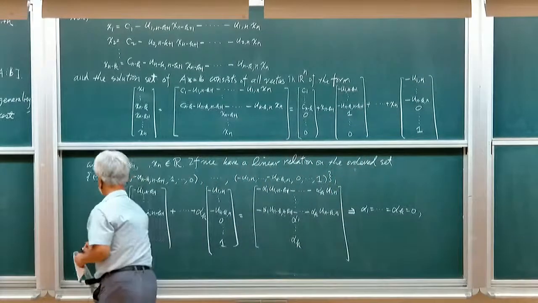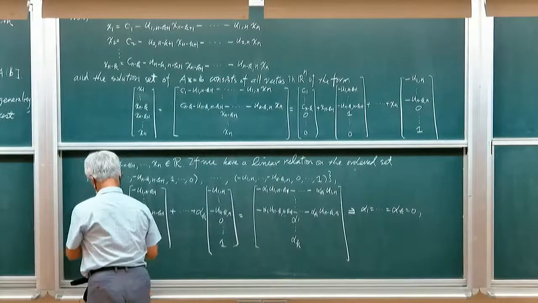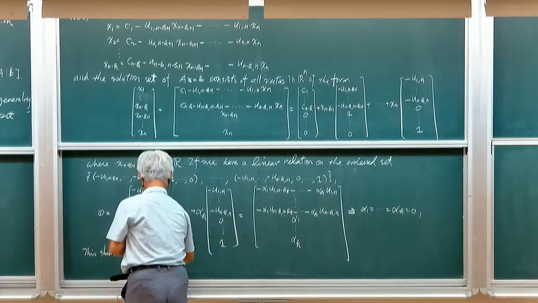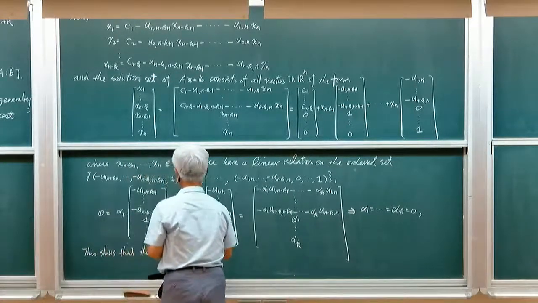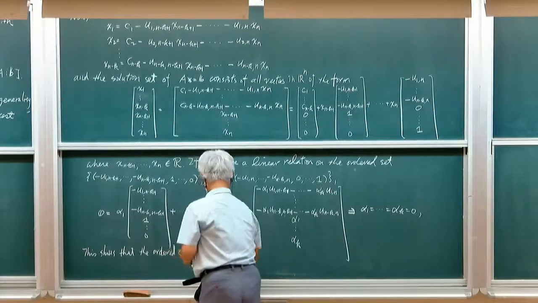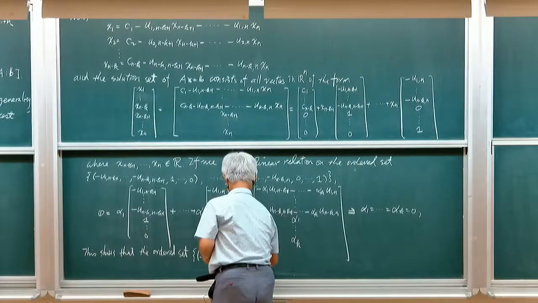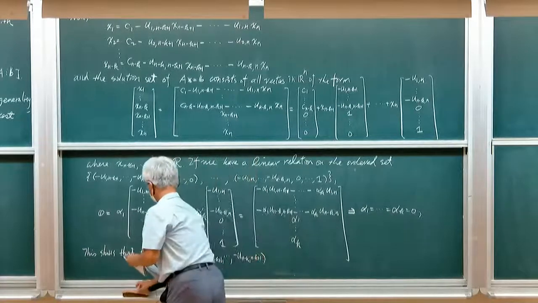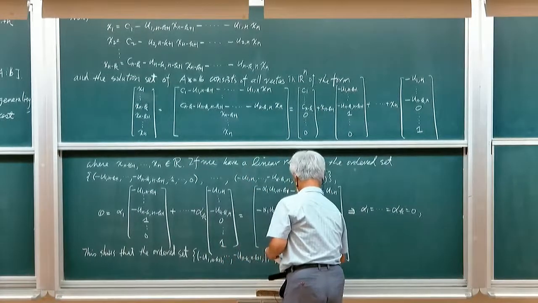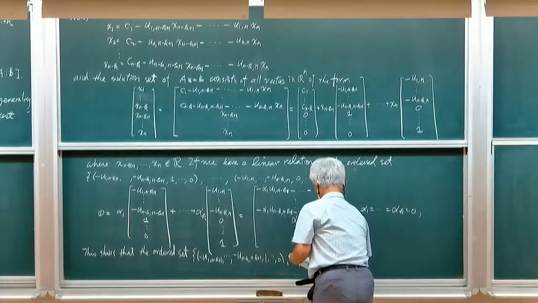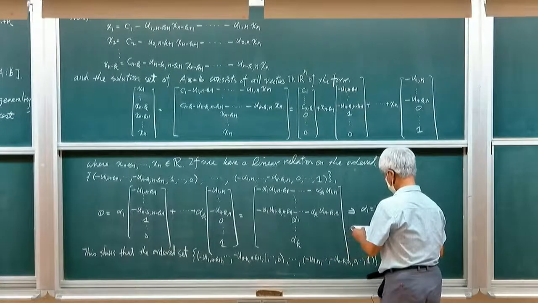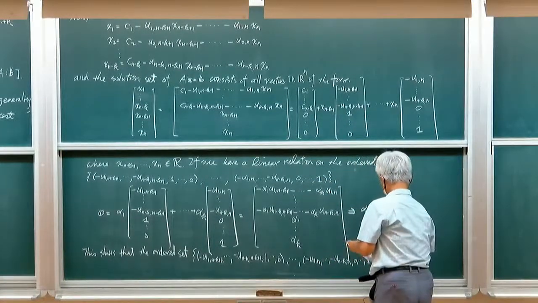Okay, so this shows that this ordered set, with the vectors minus u 1 minus k plus 1, 1, 0, up to minus u 1n, minus u minus kn, 0, 1, is linearly independent.